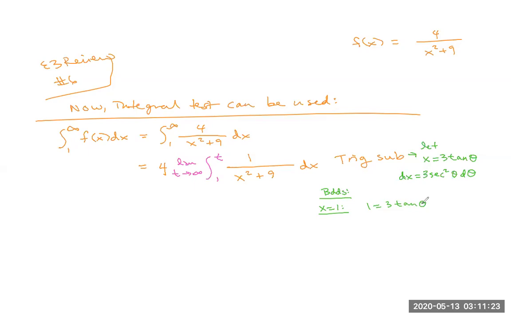So solve back for theta, because you want theta bounds now, since your integrand is going to be in terms of theta. So 1/3 equals tangent theta, and tangent inverse of 1/3 equals theta. You could also use arctan of 1/3. So that's going to be our new lower bound in theta.